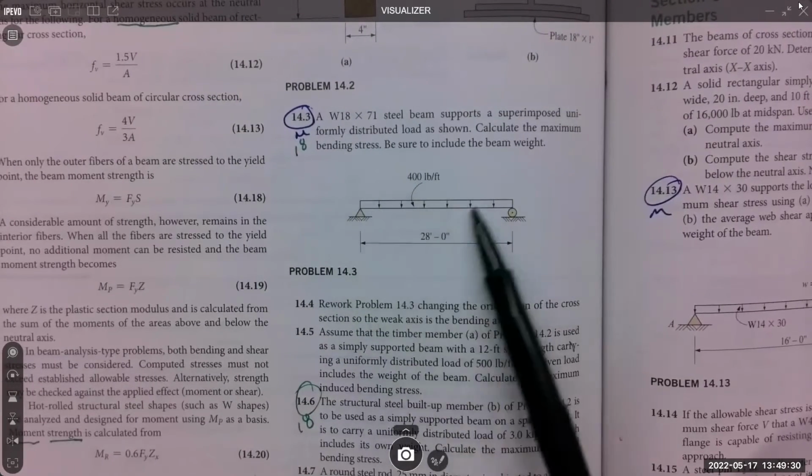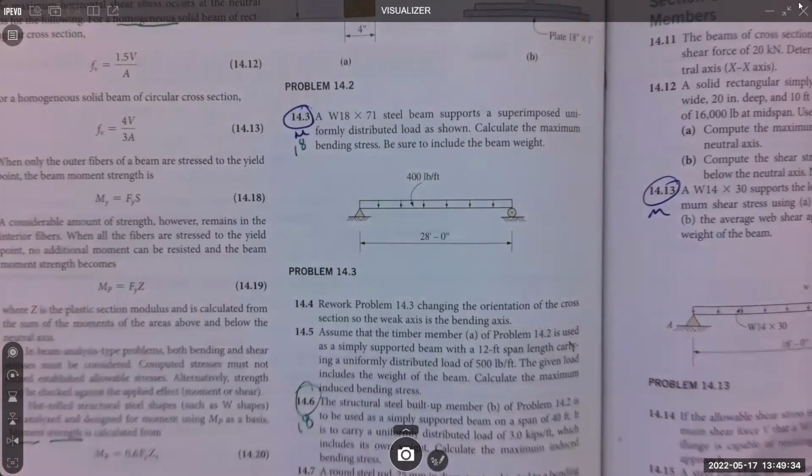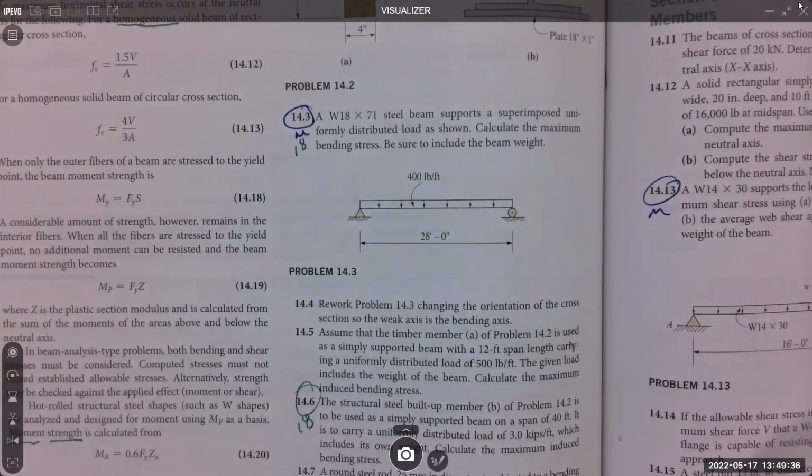Superimposed uniformly distributed load. Now, when you're dealing with structural steel shapes, sometimes it'll say include the weight of the beam. Sometimes it'll say neglect the weight of the beam. You know, that's kind of the designer's choice. This one says be sure to include the beam weight.